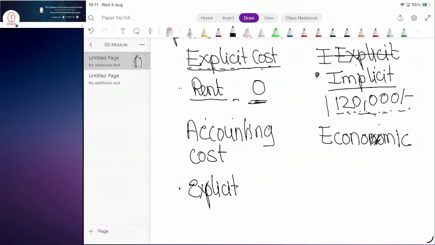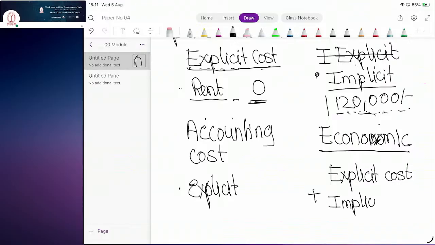Economic cost includes both explicit cost and implicit cost.